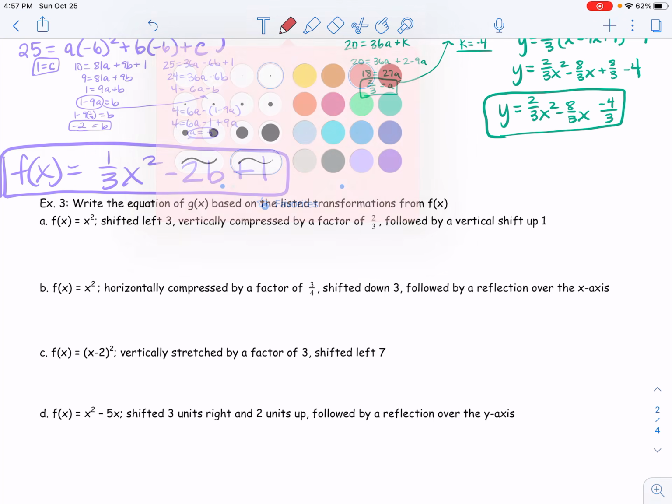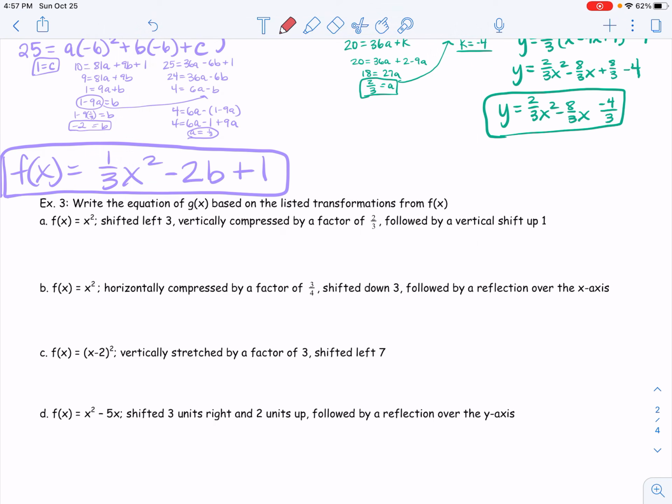Okay, moving on. Now I need to write the equation of g of x based on the listed transformations from f of x. So in the first couple problems, my f of x is just the parent function. So that's wonderful. I'm just applying transformations. So in the first one, it says f of x is equal to x squared.